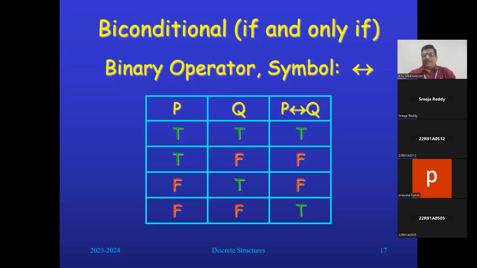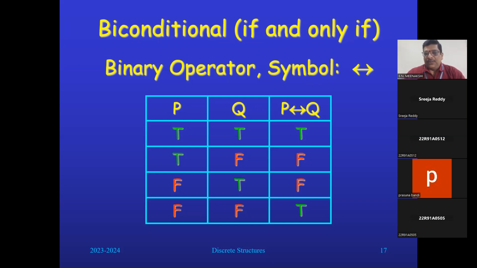Then this is called a biconditional. In biconditional, you have P and Q as the two propositions. P biconditional Q, if and only if: if P is true and Q is true, then the resultant will be true.